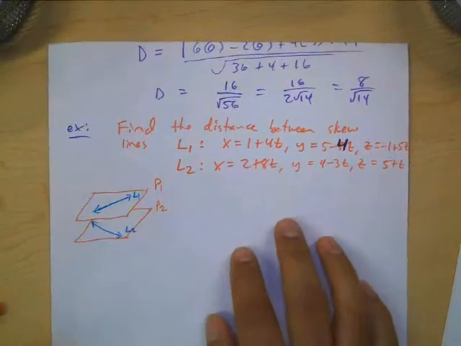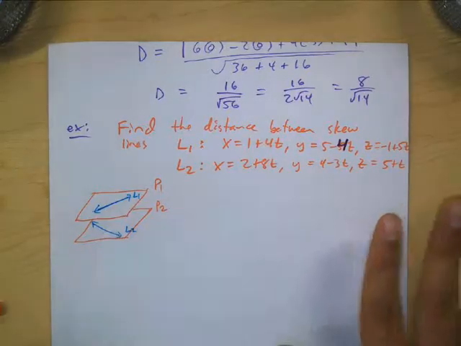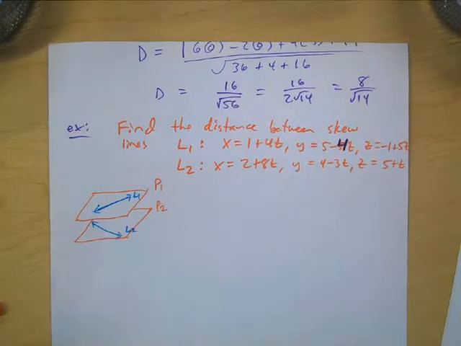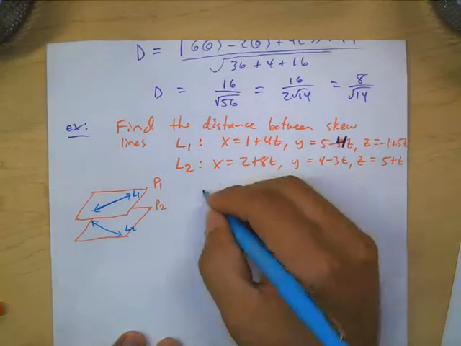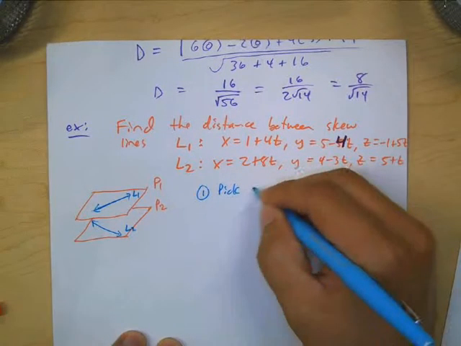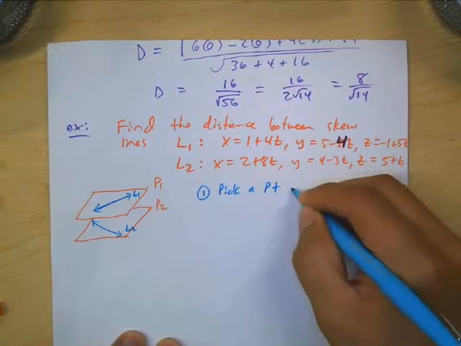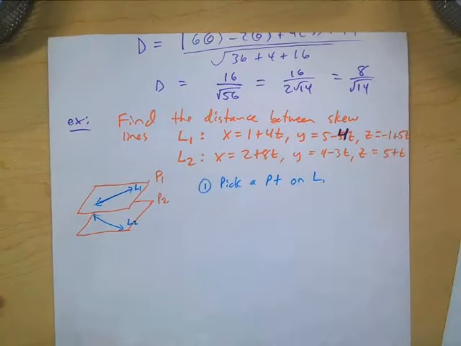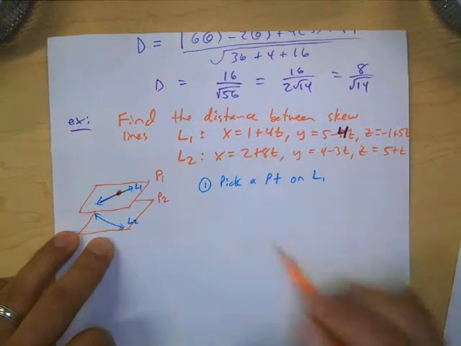Okay? So we have two skew lines. If we had a point and a plane, that would be great. I don't have a point yet, and I don't have a plane. So first, let's pick a point, because we need a point. I'm going to start on L1. So here's my point.